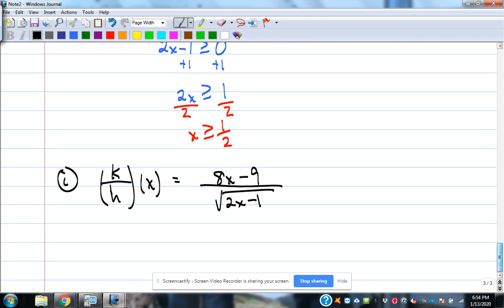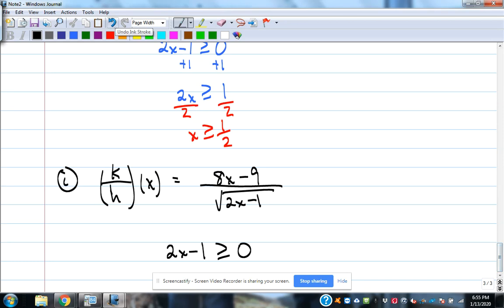But when you're looking at that, this one has a double red flag on it. Not only does it have a square root with an x inside of it, that stuff is in the denominator. So when you set up the domain, you're going to set 2x minus 1. We normally, because it's under a square root, would set it greater than or equal to 0. But because it's in the denominator, can it ever equal 0?